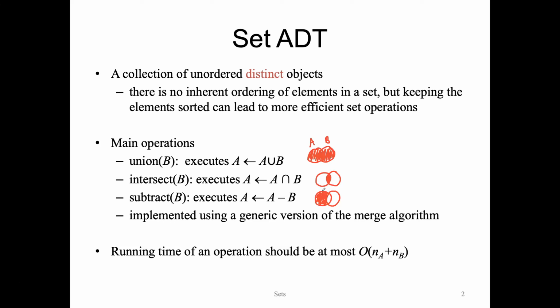And we can implement all of these using the generic version of that merge subroutine that we had used in merge sort. And we want to implement all of these so that the runtime is no more than however many elements we had in A, plus however many elements we had in B. So this would be a linear runtime with respect to the sizes of those two sets.